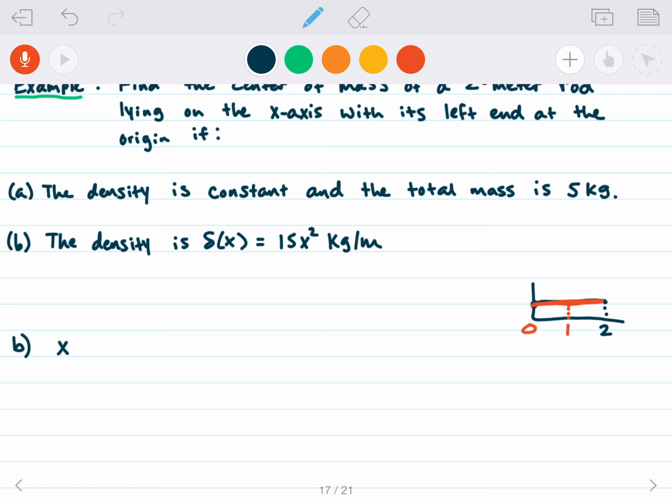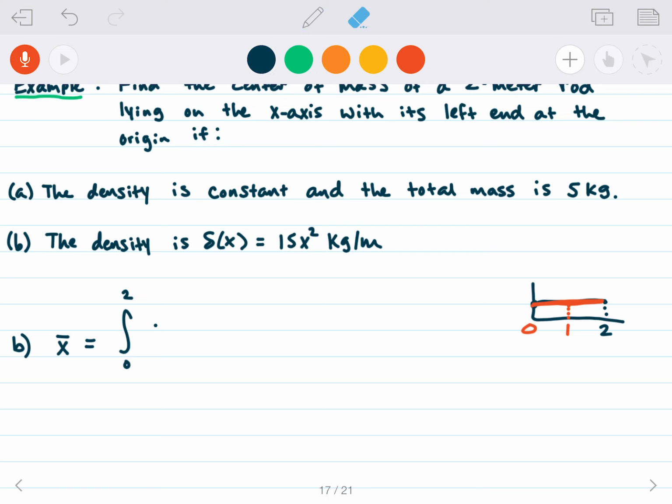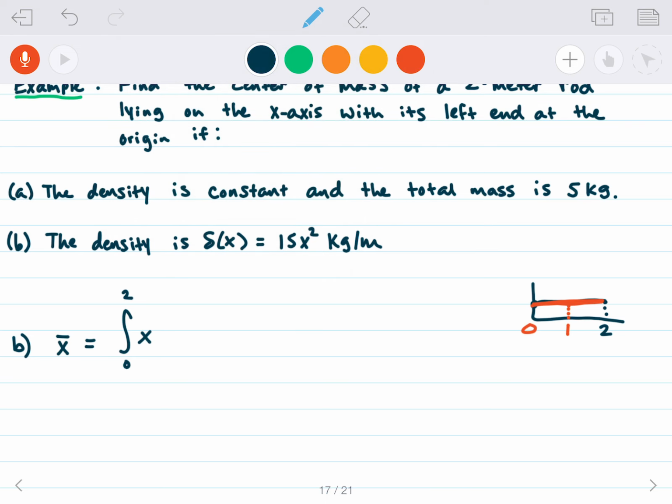So part B, we have the center of mass. Well, again, we're going from 0 to 2, no change there. And then we're going to take the density function and multiply it by the displacement. So we have x times the density, and this is all going to be over the mass.